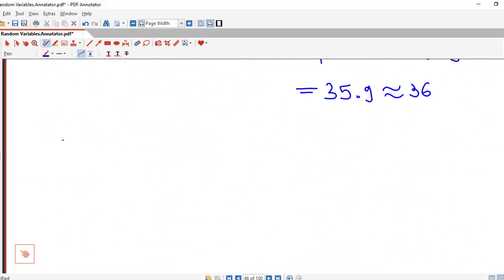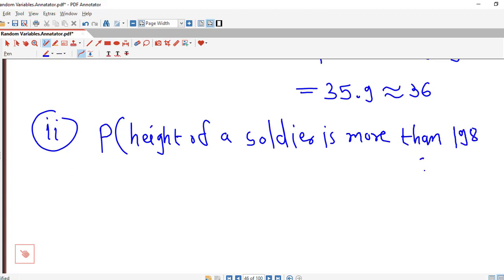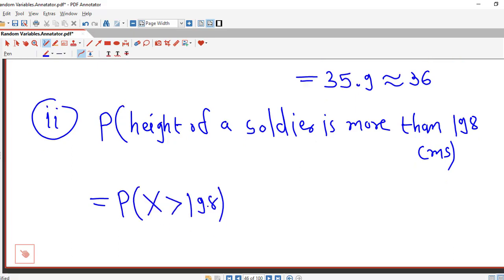So first we consider the second part, the probability that the height of a soldier is more than 198 centimeters, that is, the probability that capital X is greater than 198.